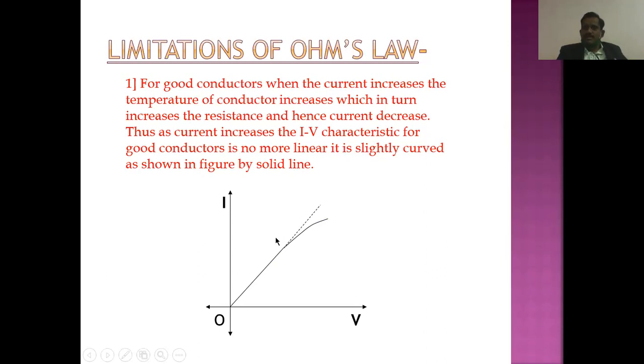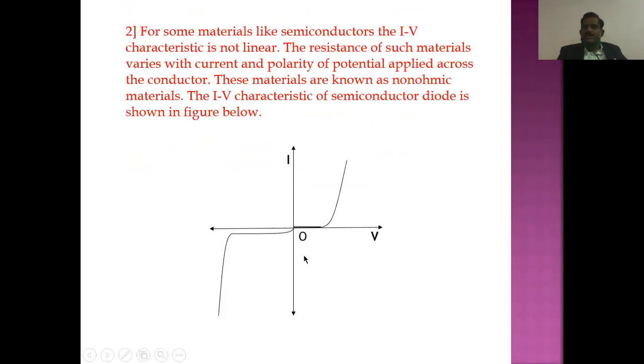We plot here I versus V, means current on the y-axis and applied voltage on the x-axis. Then at the end point, this cursor will show that this straight line is not obeyed. These materials are called non-ohmic materials for this reason. So this is the first limitation, and the second limitation is for the semiconductors.